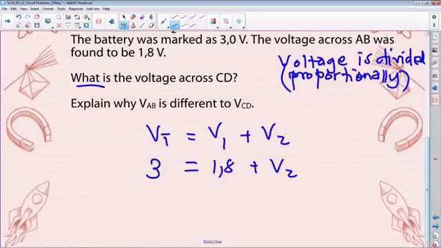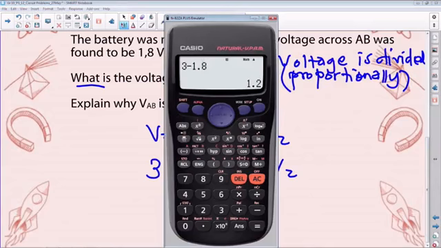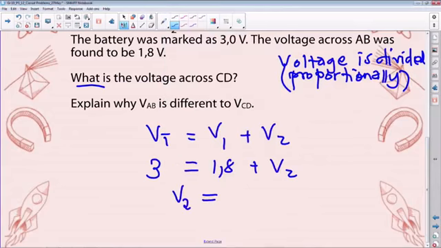So this is a simple linear equation. If we transpose and do our maths, it takes us to V2 is equal to 3 minus 1.8. Just to verify that, 3 minus 1.8 gives us exactly 1.2, so 1.2 volts is our voltage for V2.